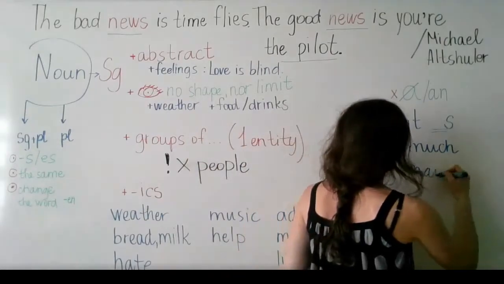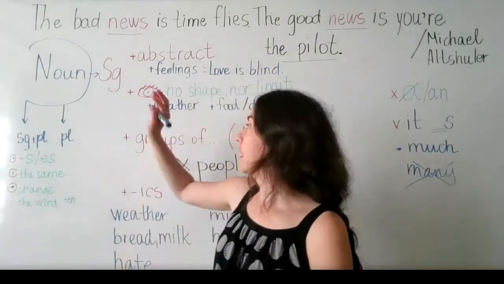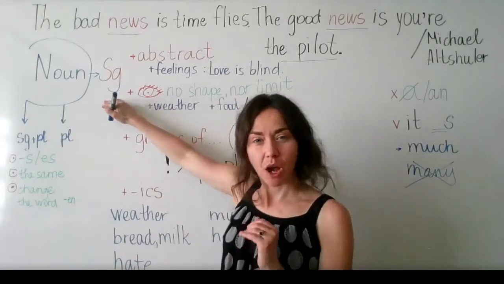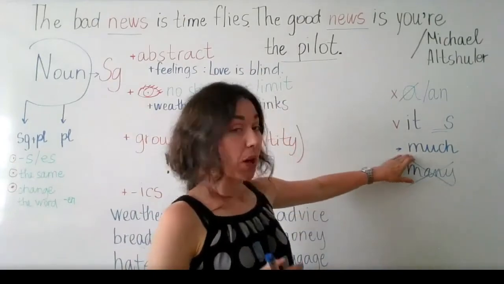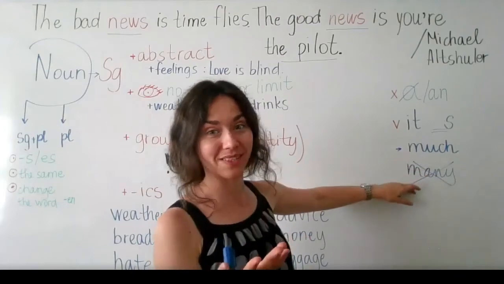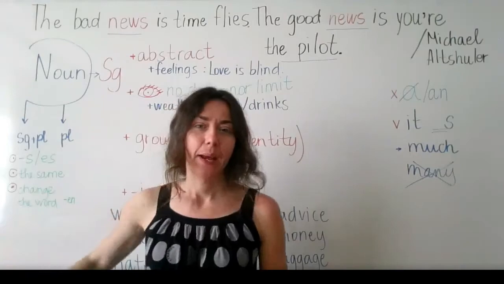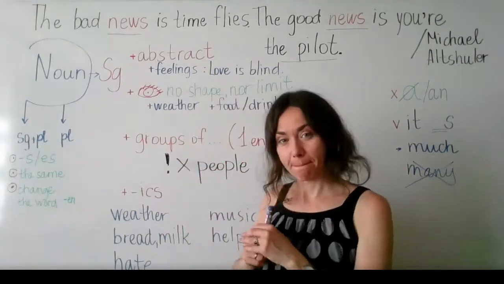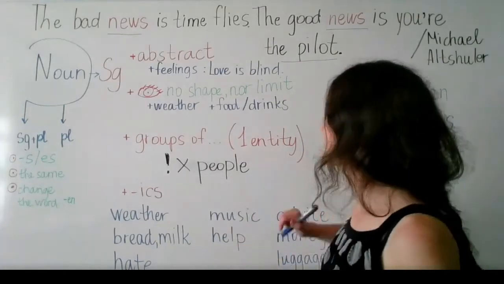So many is not allowed to use in this case with these nouns which are only in singular form. So I can say much love, but many boys. Simple words, we can say many, but these words we say only much or a lot of, but not many.